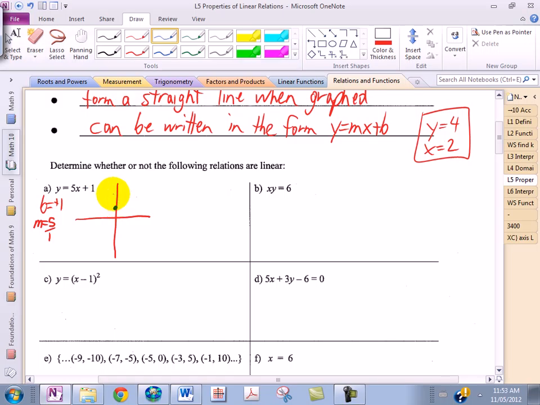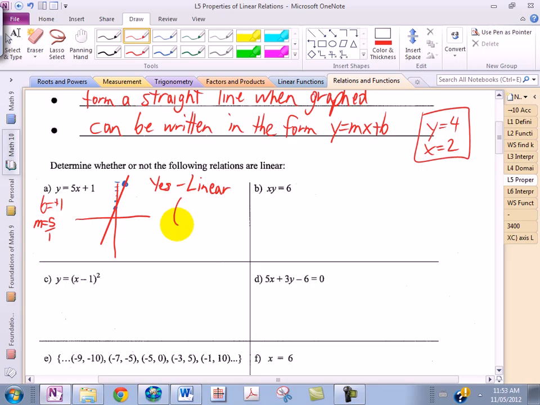Slope. The 5 tells us to go up 5, and the 1 tells us right 1. So then you just count 1, 2, 3, 4, 5, 1. There's the other point. Can we make a straight line? Yes, you can. So is this a linear relation? Yes, it is linear.